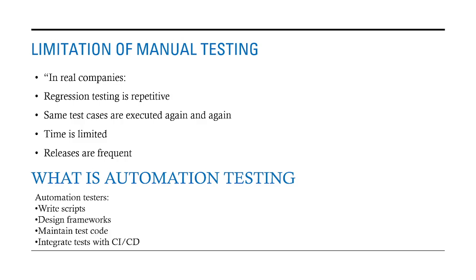Automation testing means you write code to test the application. Instead of clicking manually, you write a script, tools execute the test, and results are generated automatically. For example, instead of logging in manually 100 times, which is time consuming, you write one script and the script runs the login test 100 times.